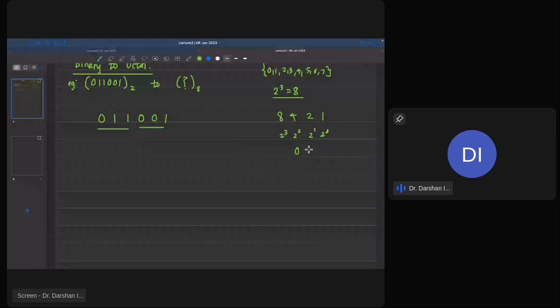It is only considering this number, that is 1. What is 011? 2 and 1 is added, that is 3. Therefore, this is 3 and this is 1. Therefore, I say 011001 to the base 2 is equal to 31 to the base 8.